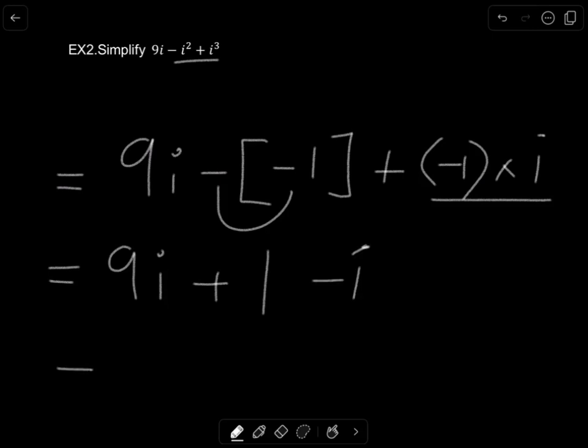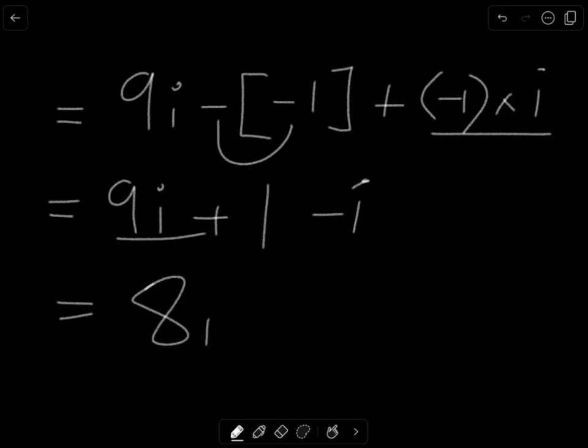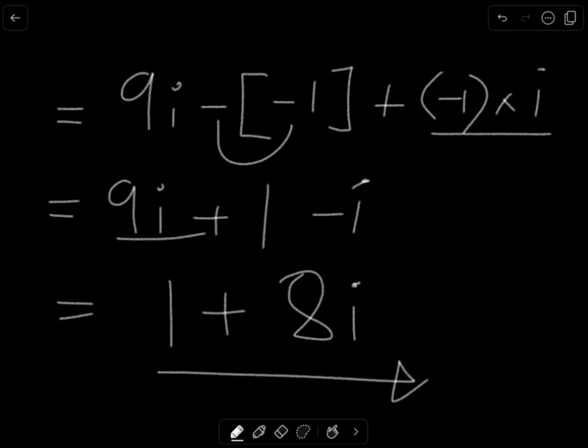There we go. So it's going to be 9i minus that. We are going to have 8i plus 1. Or what we write conventionally is we write the real number first. So it's 1 plus, and then the imaginary portion. But I'll explain how that works in the next slide. So it's 1 plus 8i, that's your answer.